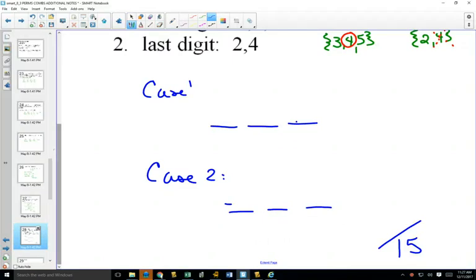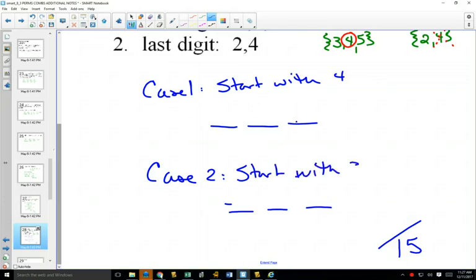The first time I used my second restriction and broke up the 2 and the 4. You could have done start with 4 and then not start with 4. Start with 4. And then start with 3 or 5. So if I started with a 4, there'd be 1 choice there.